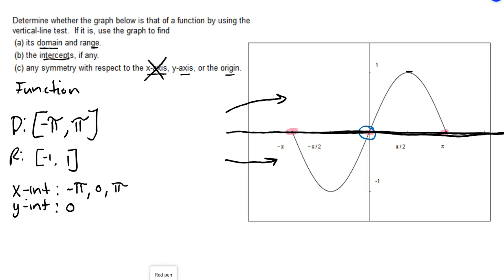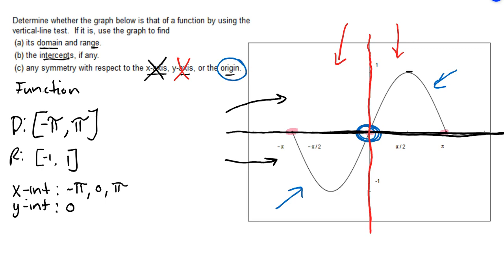For y-axis symmetry, you have your vertical axis, which is the y-axis, and we're looking for a mirror image on the left and right of that y-axis. We don't have that. And for origin symmetry, the origin is (0, 0) right here, and we're looking for a mirror image in opposite quadrants. And we do have a mirror image in opposite quadrants. So this graph would have origin symmetry.